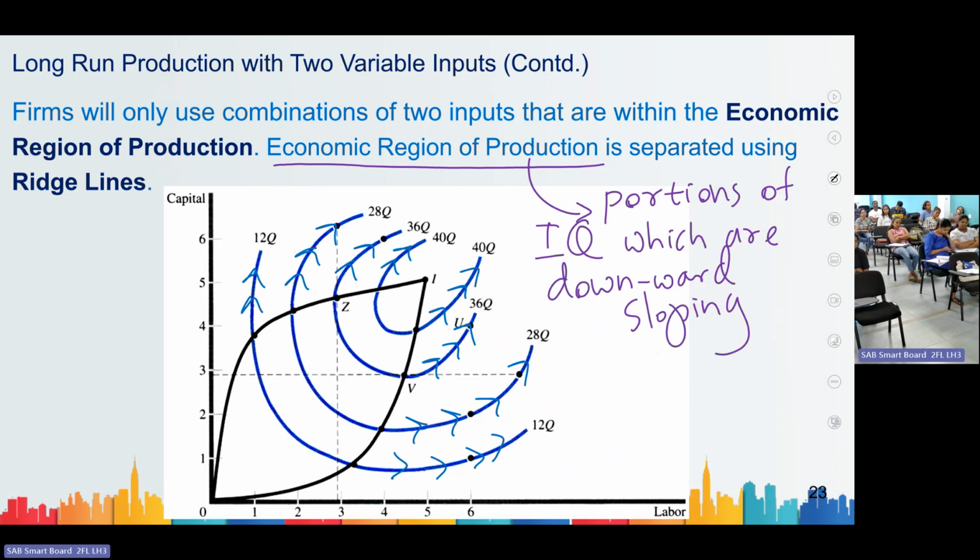Economic region of production should comprise portions of isoquants which are downward sloping. So we ignore upward sloping portions of isoquants, which don't belong to the economic region of production.